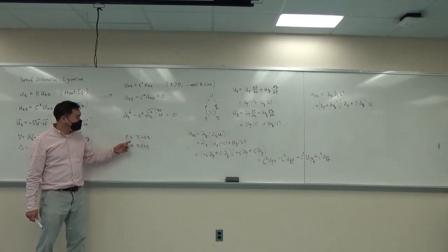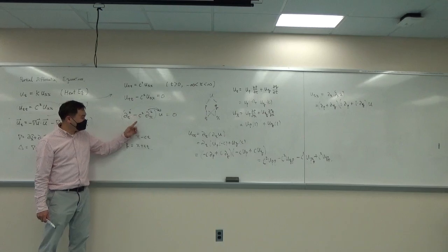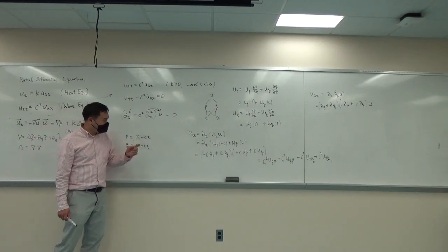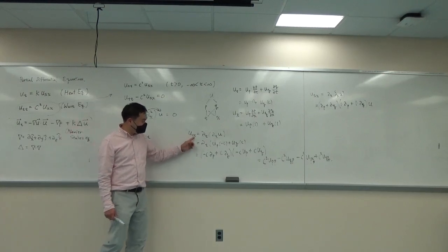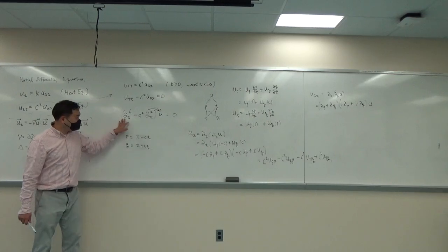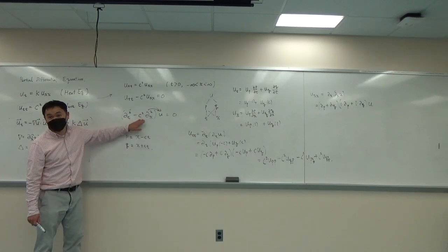The reason is I thought this should be T minus CX, but I was misled by doing this calculation. I really need the X to be just 1 and the other ones to be C, because only by that UTT will have C squared in them. I need the C squared here because there's already C squared here.